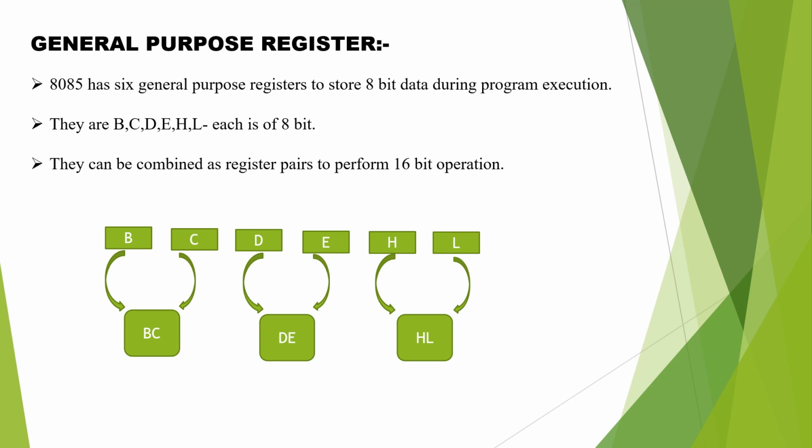Okay, some of the register pairs which are 16-bit are also called the memory pointer. The HL register pair is also called the memory pointer, which is represented by the alphabet M. So we have learned here B, C, D, E, H and L, your 6 general purpose registers.